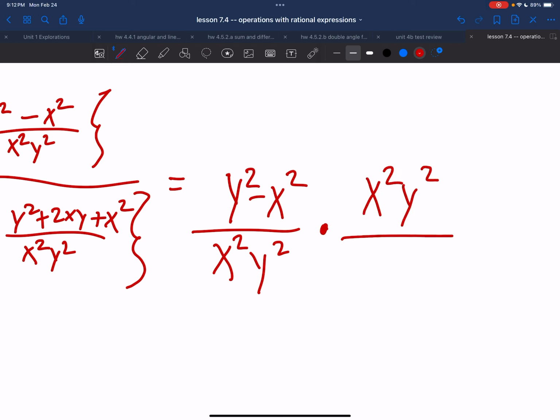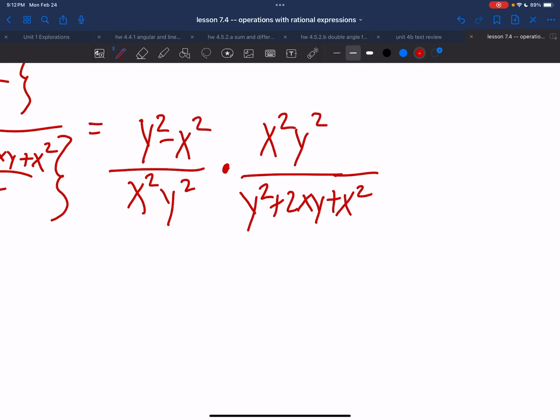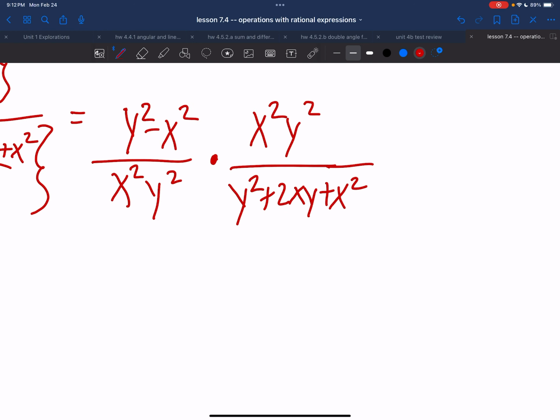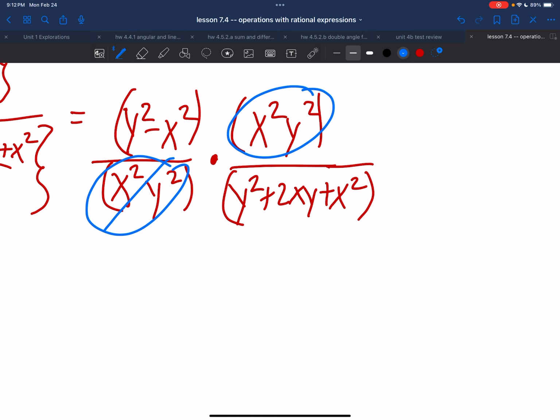X squared, y squared over y squared plus 2xy plus x squared. Now notice, on top and bottom, right, these are all grouped together. You do have a common factor, x squared, y squared, on top and bottom, which cross out, leaving you with y squared minus x squared over y squared plus 2xy plus x squared.